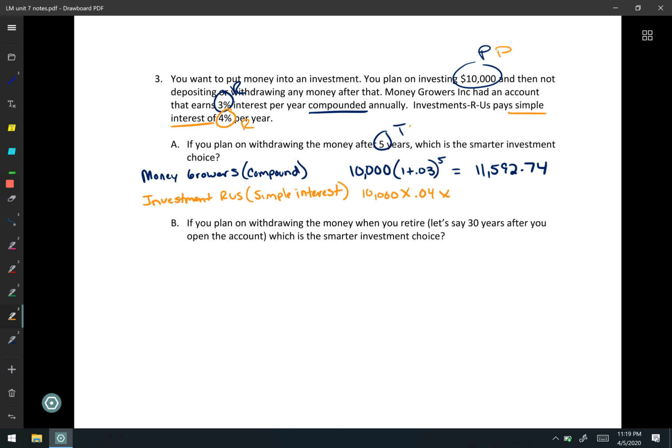Again, the T will also be 5 years. An answer of $2,000. Now, remember, with simple, you're only getting the amount of interest. You have to add the amount of interest, which again was 2,000, back to the original principal, which gives you 12,000.